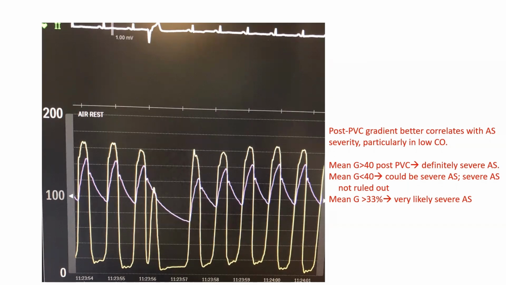The way you can increase flow in low gradient, possibly severe AS is dobutamine, but that only increases flow in a definite fashion in the low EF, low gradient, severe AS, where contractility is the issue. But when you have normal EF, dobutamine actually may worsen your flow, because when you have severe AS with normal EF, what's impairing the flow in those patients is low preload and high afterload.